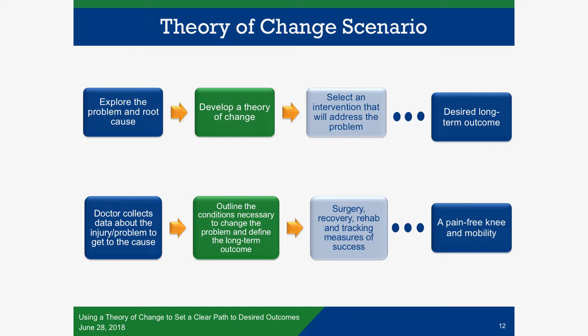So in this situation, what does a doctor usually do? A doctor usually tries to choose a solution that is the most likely to address the injury. But in order to do that, the doctor needs to understand more about what she needs to do to get to the root cause. So she needs data and information.